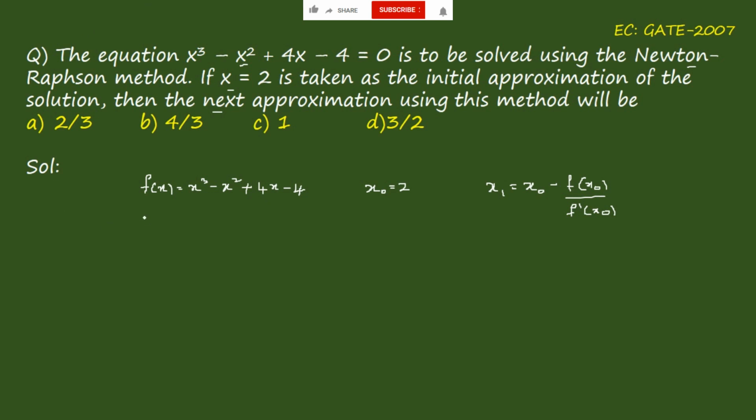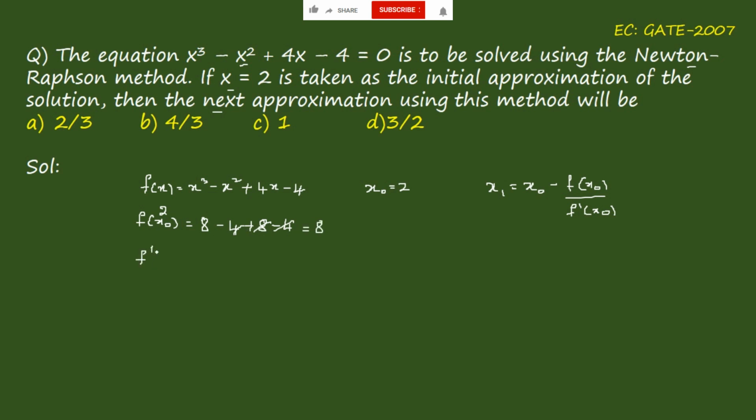Now let's find the values. f of x naught, x naught is nothing but 2, which is equal to 2 cube, which is 8, minus 4 plus 8 minus 4, right? All those things get cancelled, which is equal to 8.